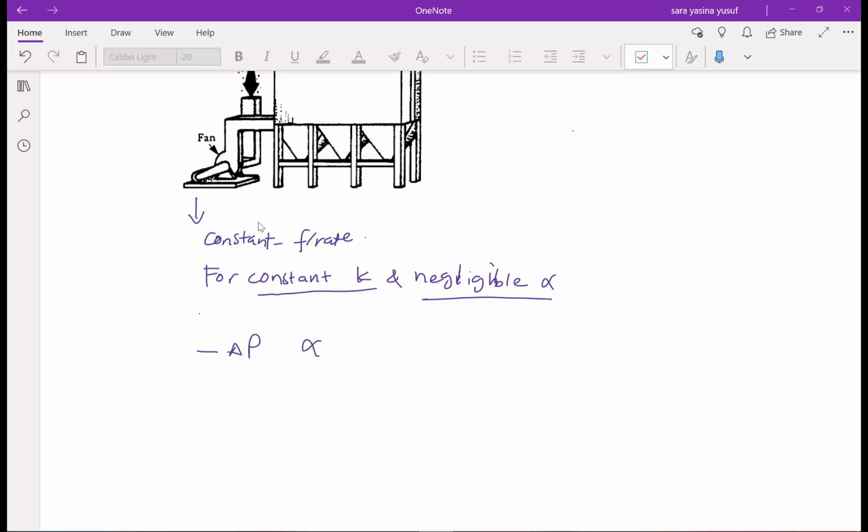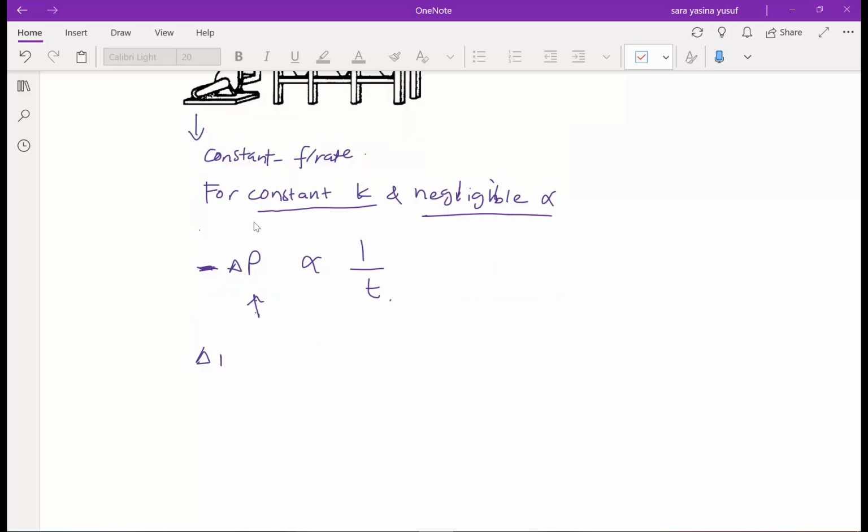So dia linear. So delta P increases with time. Okay, this is because the cake thickness increases linearly with time.